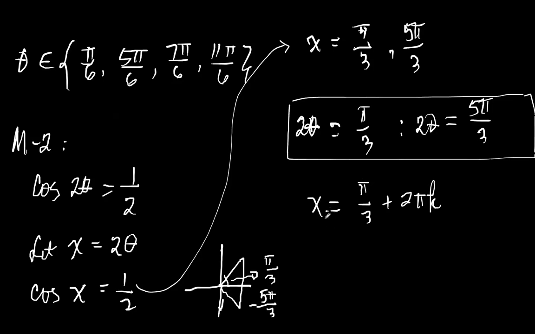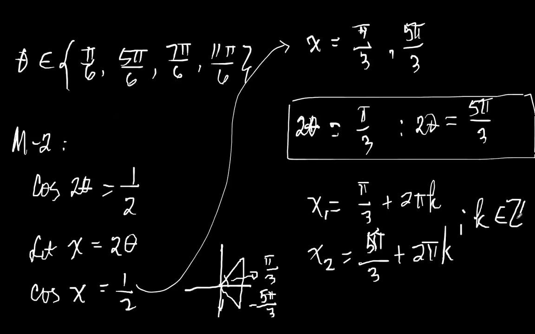And let's call this x sub 1, and the other one is x sub 2, which is 5 pi over 3 plus 2 pi k, where k is an element of integers. Let's say non-negative integers, right? Why not negative? Because we're talking about 0 to 2 pi values of theta here, okay?